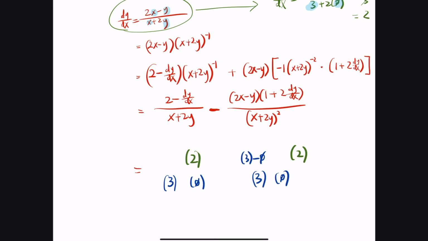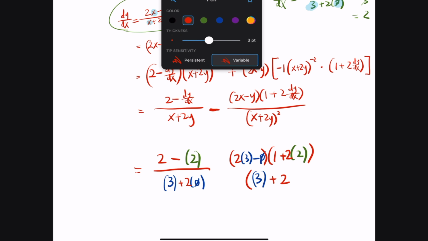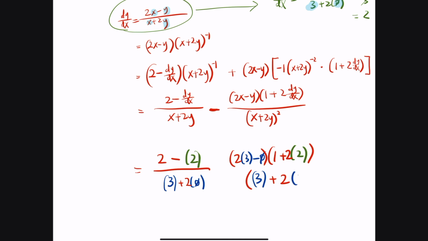So that's equal to 2 minus that, over 3 plus 2 times 0, minus 3 times 2 minus 0, times 1 plus 2 times that, over (3 plus 2 times y, which is 0) squared.